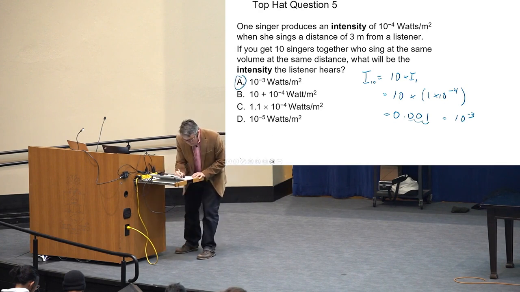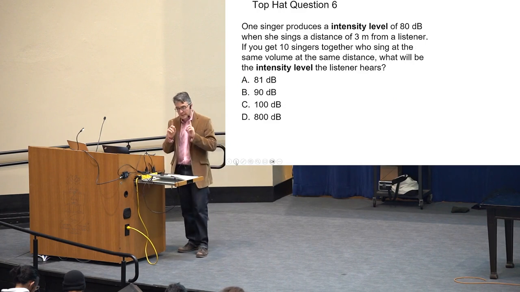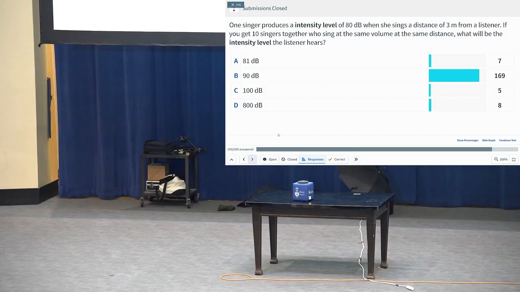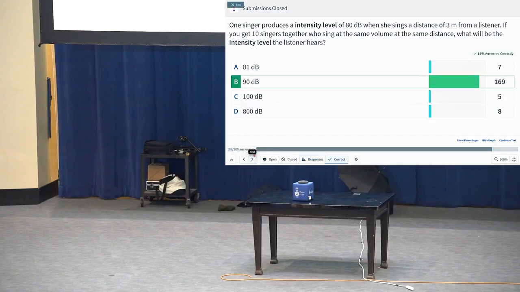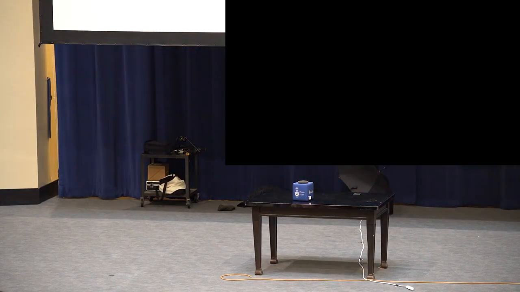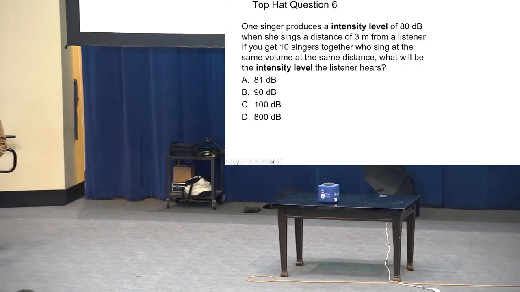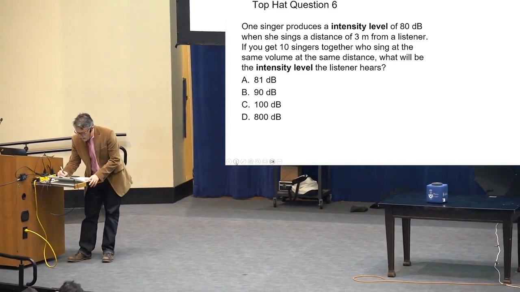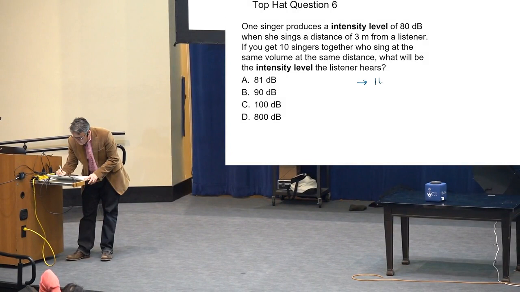Next question: one singer produces an intensity level of 80 decibels. So if you get 10 singers, what's the intensity level? There's a lot of different ways of doing this, but my idea here is just that the intensity has increased by a factor of times 10, because there's 10 times as much power with 10 singers.